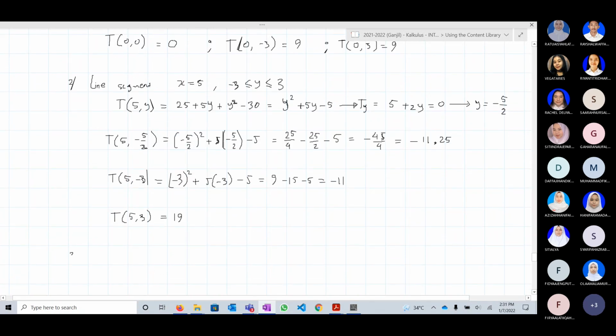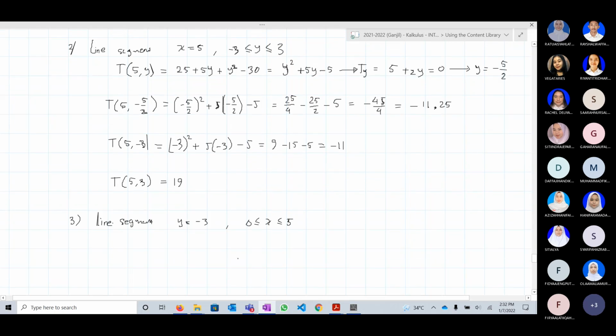And then the third one on the line segment, y equal to minus 3, and in this case x runs from 0 to 5.